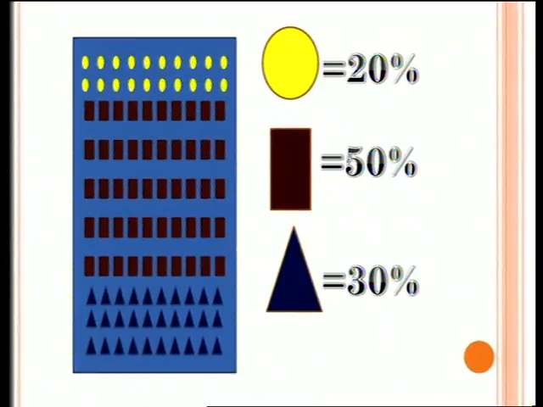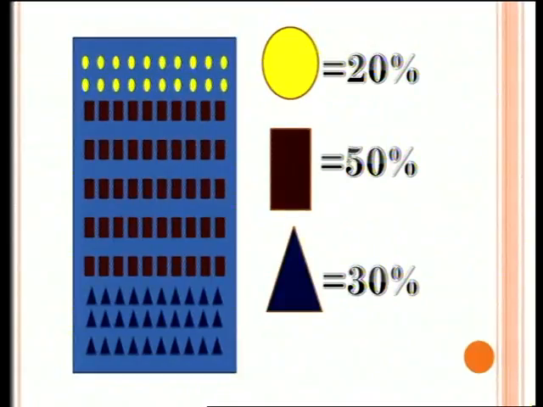Now by showing this type of images or actual biscuits, we can ask the students what percentage the circular biscuits are in the box, so that they can understand that in the box out of 100 biscuits there are 20 circular biscuits. That's why they can give us the answer 20%.